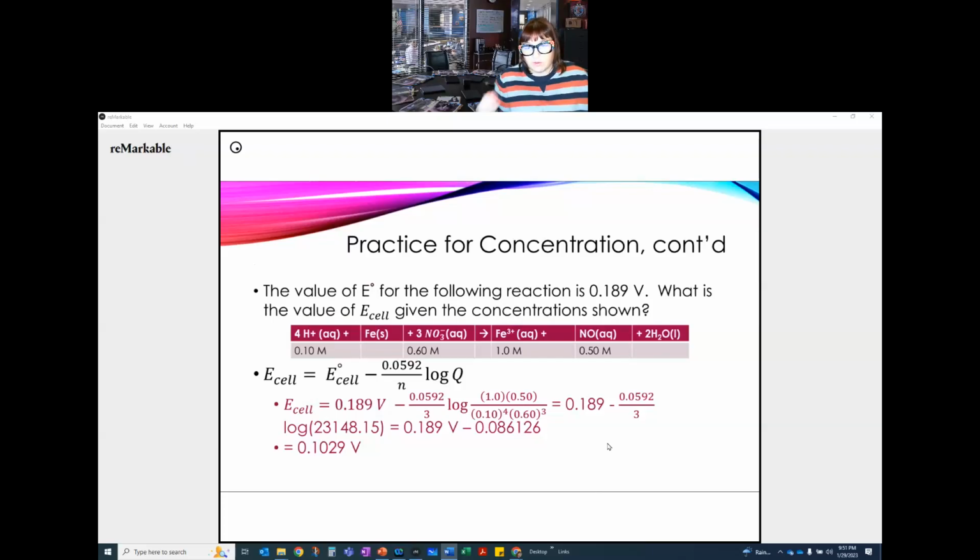Fe solid to Fe3+, so that's a 3 electron process. I have my E cell equals 0.189 minus the 0.0592 divided by 3 times the log of this lovely expression right here, which is the log of 23.85, and so that gives me 0.029.